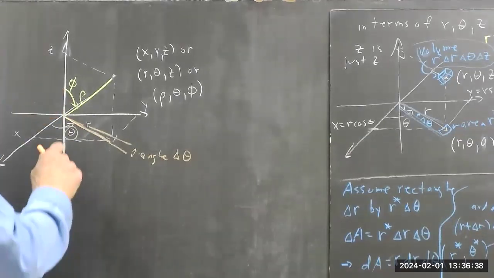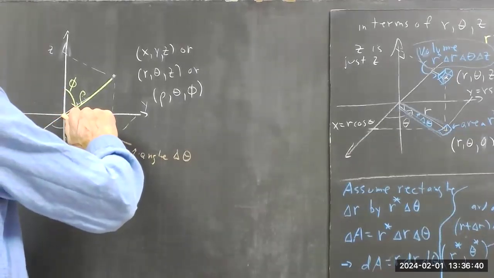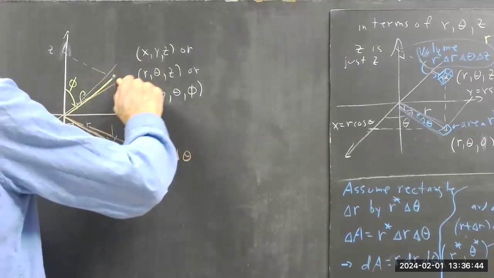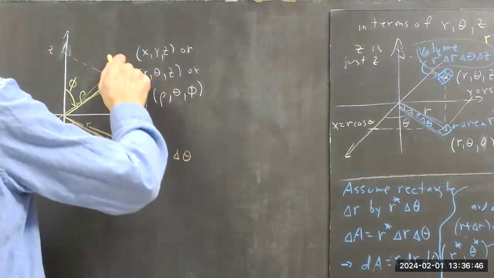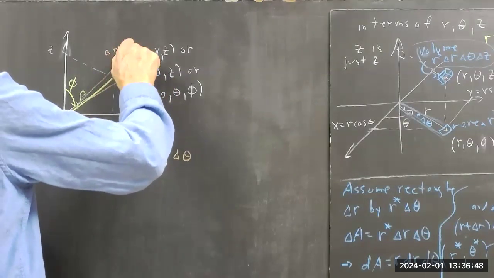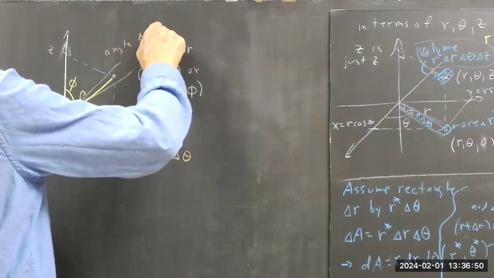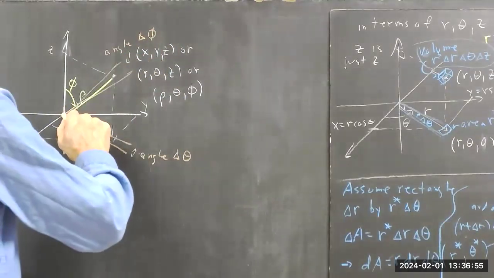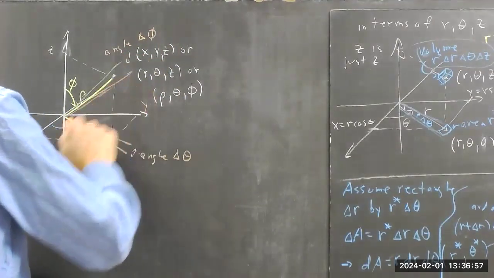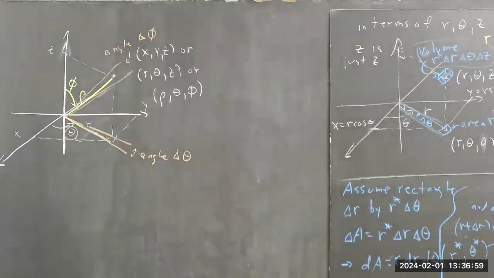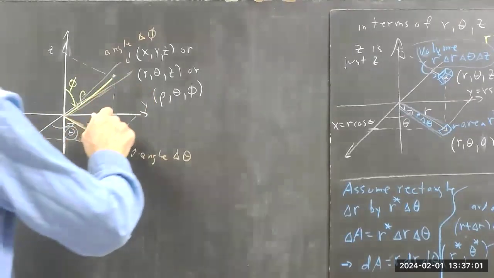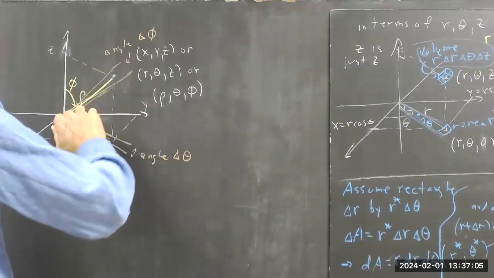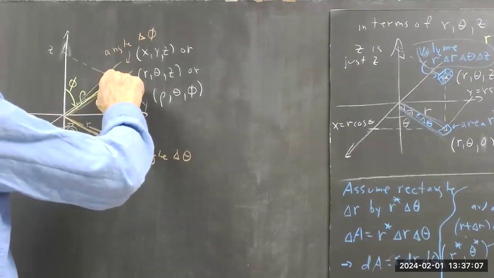So we're going to have a delta phi. And we have a difference delta rho, which is right along the line from the origin out to this point.